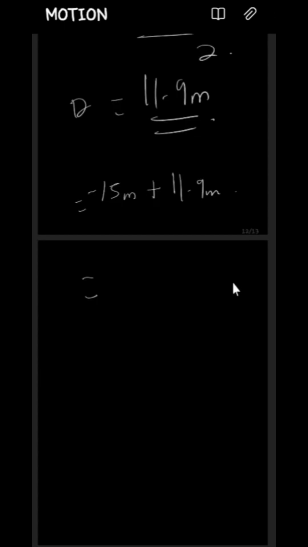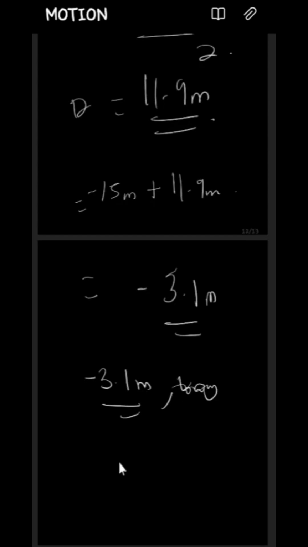So we are saying 15 minus 11.9, that gives you 3.1. You get the sign of the bigger number, which is negative, and that will be negative 3.1 meters as Tony's position at 2.67 seconds.